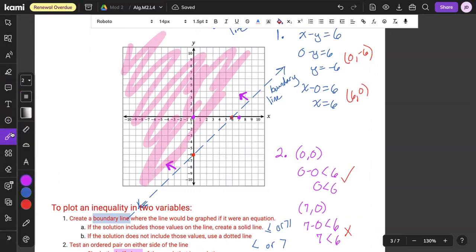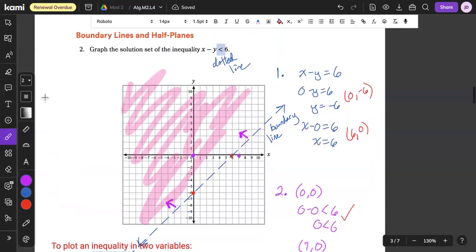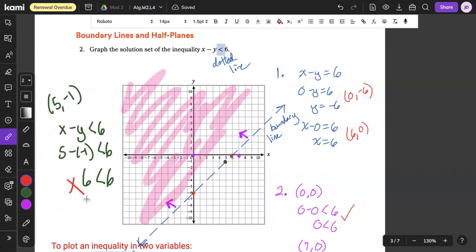And this tells us that any ordered pair in this shaded region going on and on forever is a solution to the inequality x minus y is less than 6. But it also tells us, because we used that dotted line, that a point along the dotted line is not a solution. So that is what you should have for this graph.